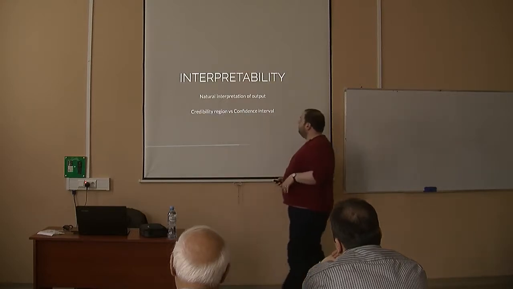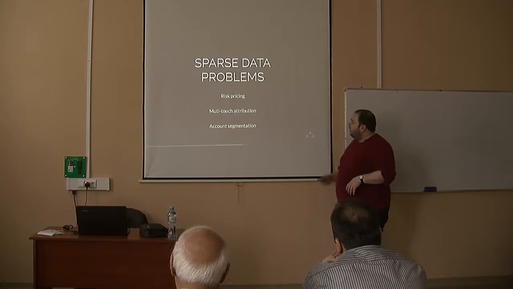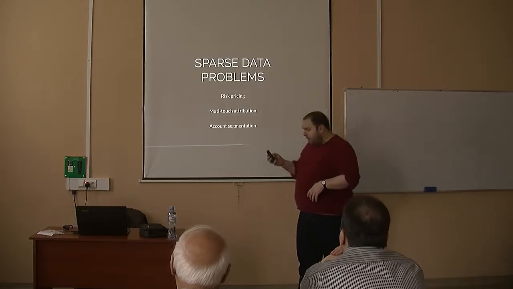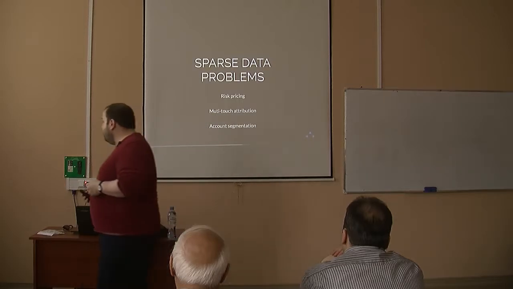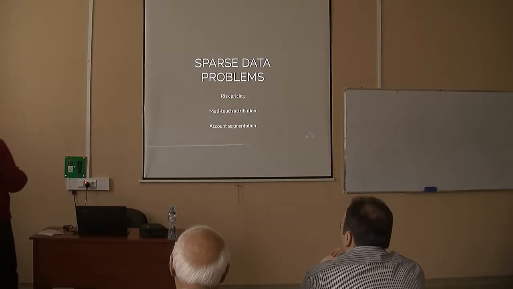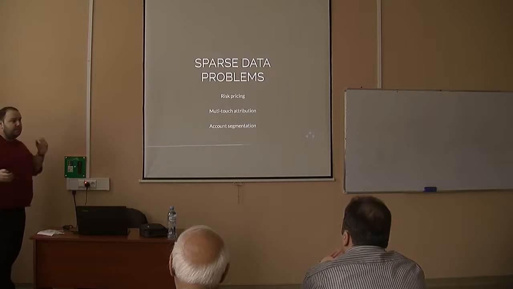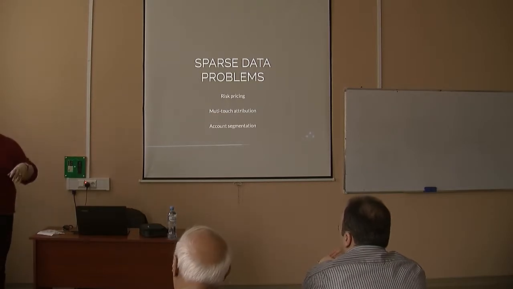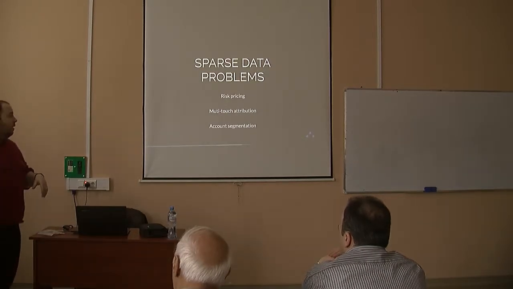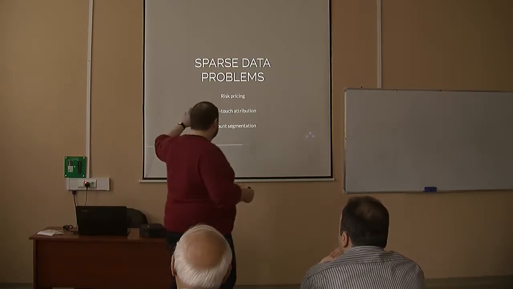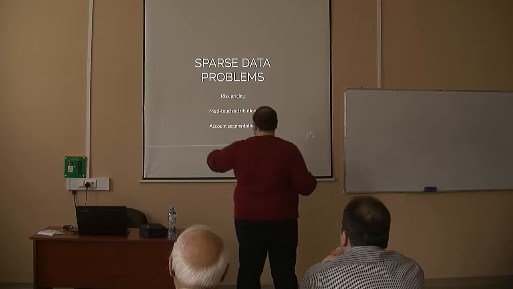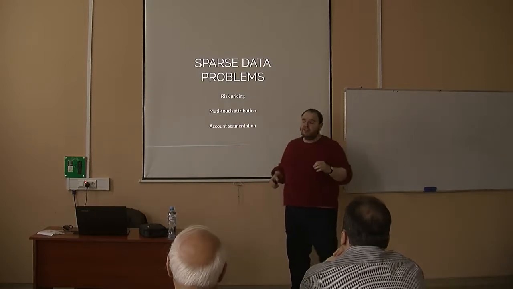Okay, so that's one. The other thing I really like about this kind of stuff is it gives you a very natural way of dealing with hierarchical models and sparse data problems, which goes back to a couple of questions people were asking me yesterday about lots of categoricals with small counts of each, so you don't have an awful lot of data.